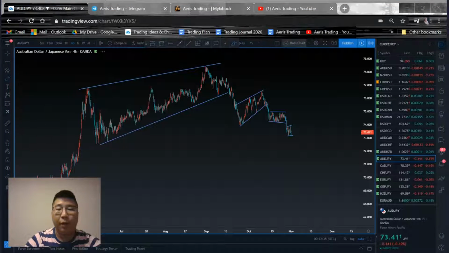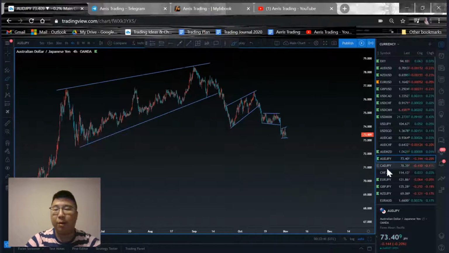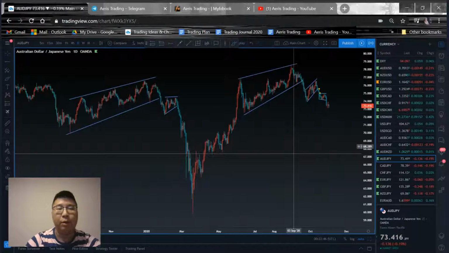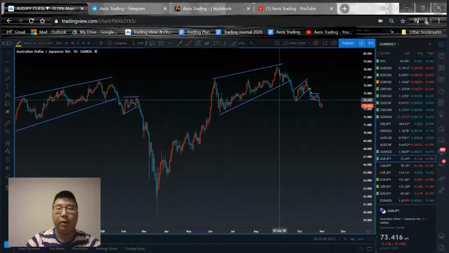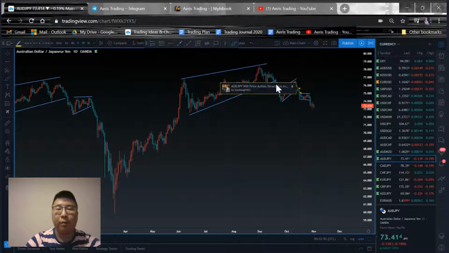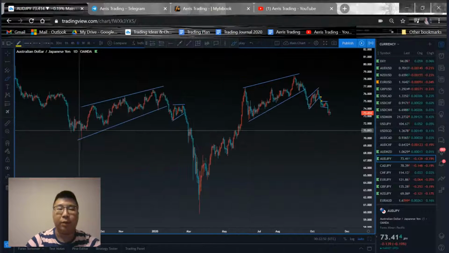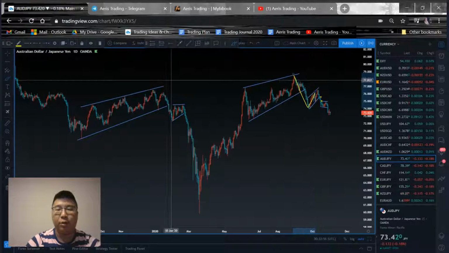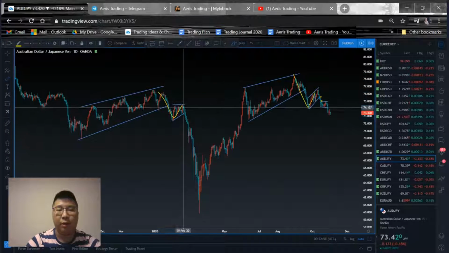Let's look at a few yen pairs. I know most of the yen pairs are probably on your watch list as well, and they're on mine too. So look at Aussie yen on a higher time frame. If you know, we've been talking about this move, right? We have this overall ascending channel. We had the first impulse move and correction, and then this was the COVID drop.